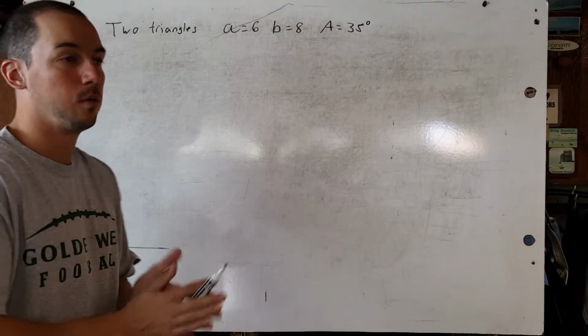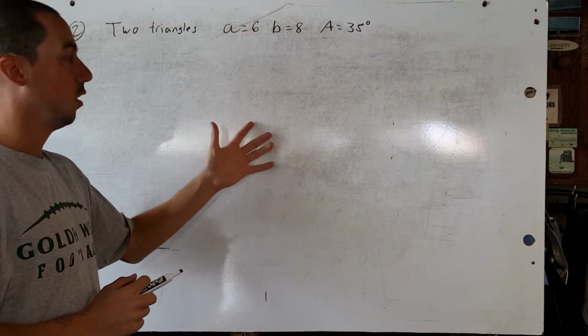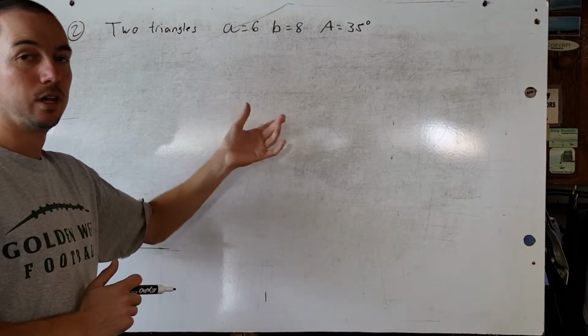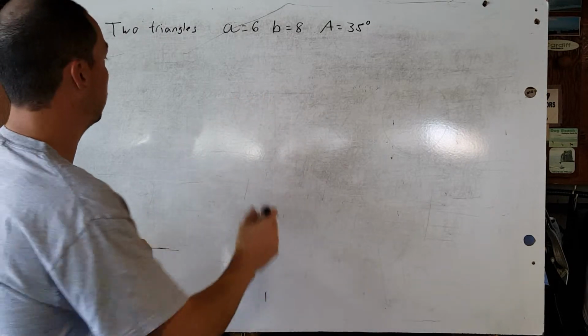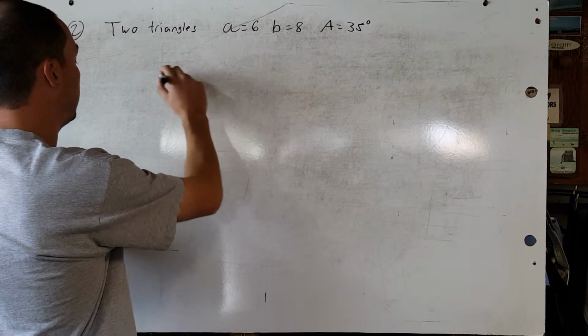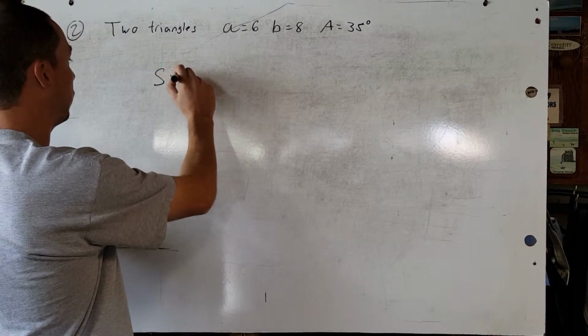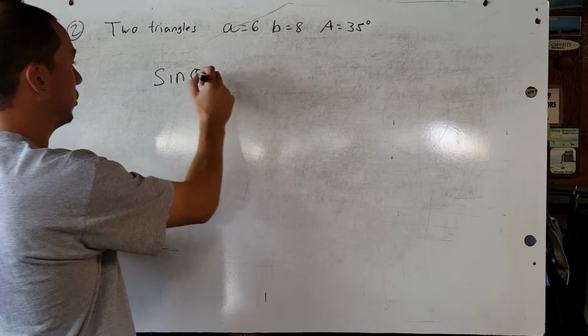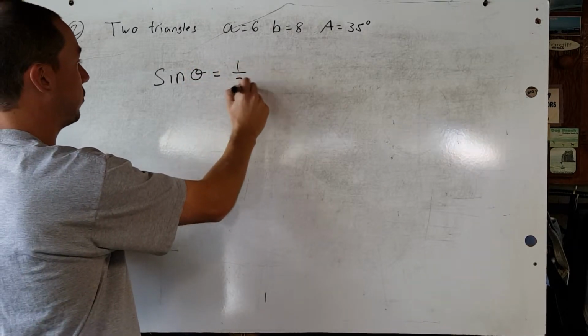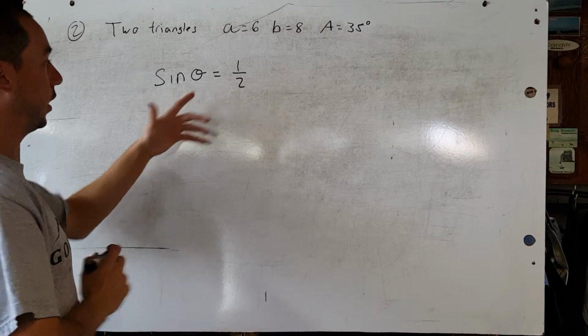Before we go to our next problem, I want to go back to that idea of how the sine of an angle equals a value can have two angles. So that's an important concept here. And we're used to solving this equation many times. The sine of theta, which is some angle, is equal to 1/2. Well, we know theta has two answers.